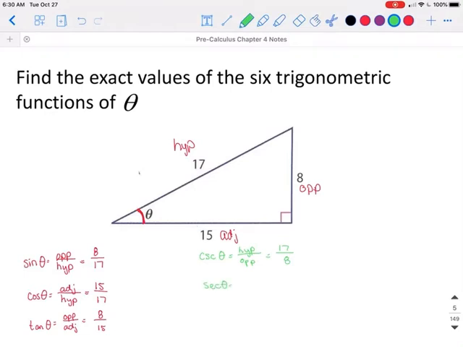Secant of theta is the reciprocal of cosine, so it's hypotenuse over adjacent, or you can take the 15 over 17 for cosine and flip it and get 17 over 15 for secant. And cotangent of theta is adjacent over opposite, or the reciprocal of tangent, so it is 15 over 8.